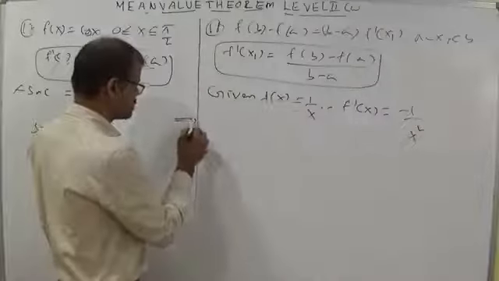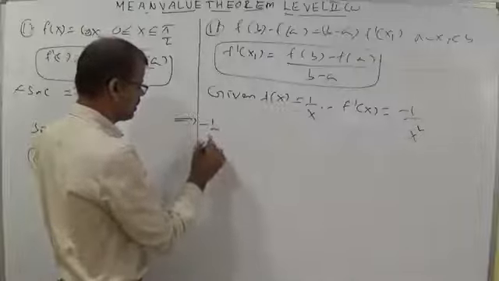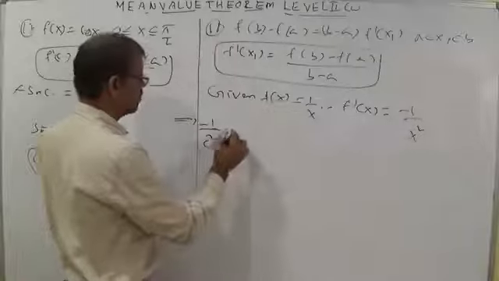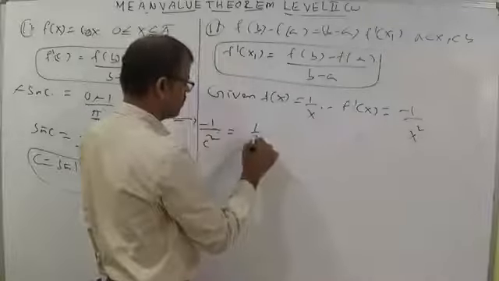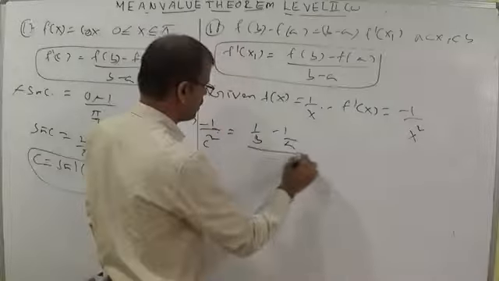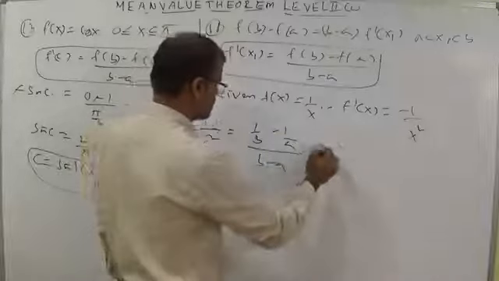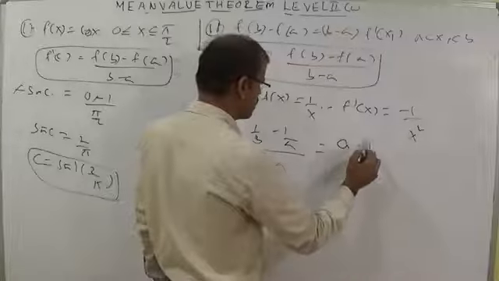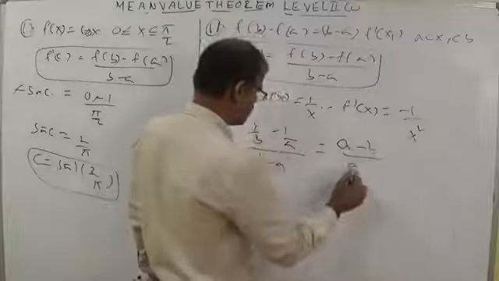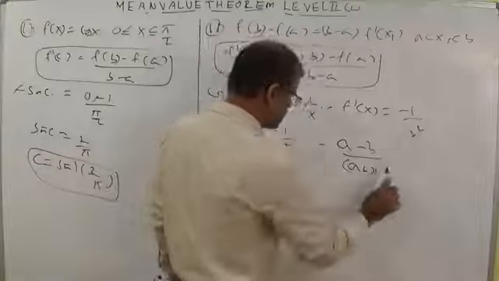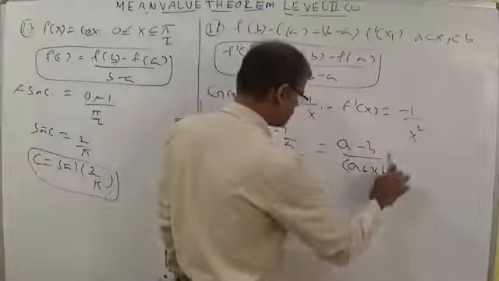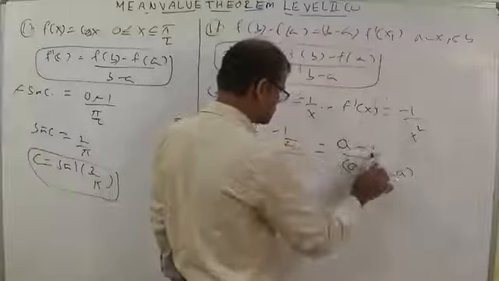That implies you can write here minus 1 by c square equals, substitute the value 1 by b minus 1 by a whole by b minus a. You take LCM here, a minus b by ab into, you can write here denominator b minus a.